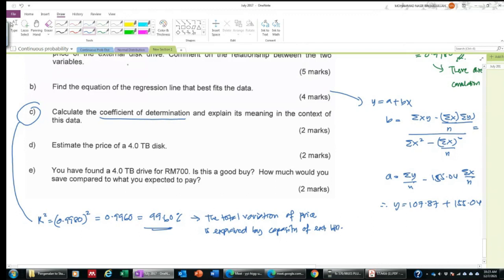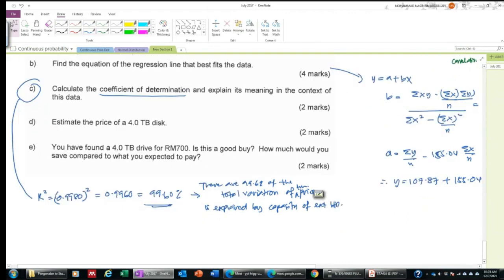So I think something is wrong here, I changed the words. There are 99.6% of the total variation of the price explained by the capacity of the external hard disk. Right, very simple, 2 marks.